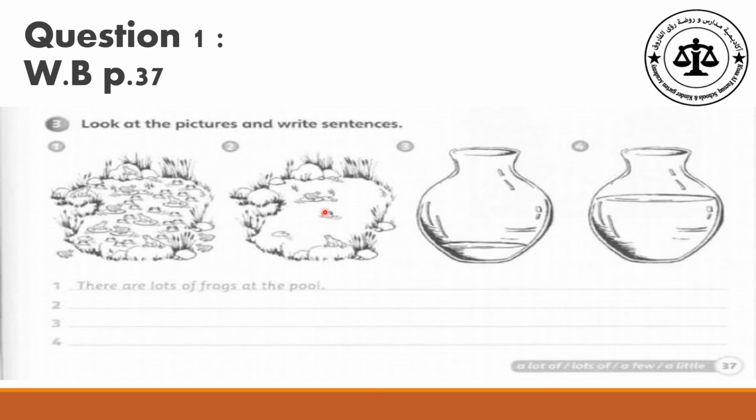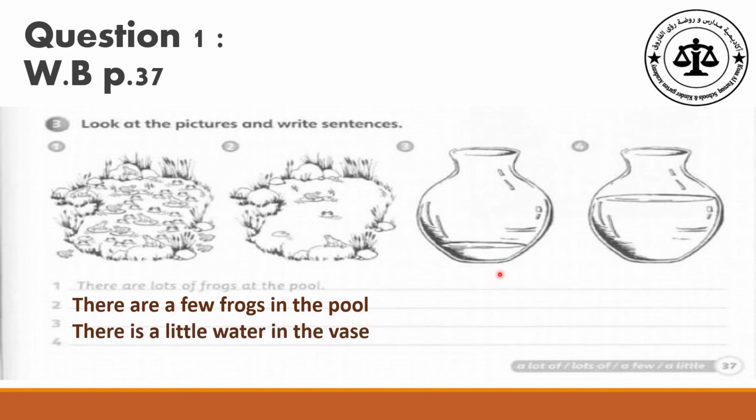What about picture number 2? We have a small number of frogs, so we use, excellent, a few. The sentence is, there are a few frogs in the pool. What about picture 3? We have a small amount of water, and water is an uncountable noun, so we use, excellent, a little.